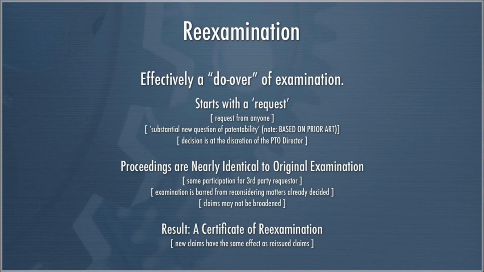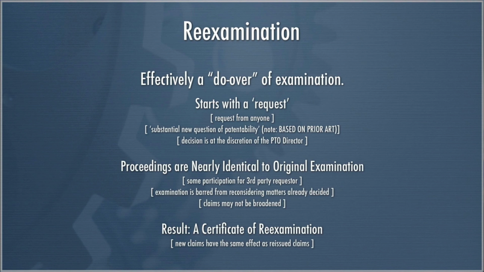First, there's some ability for a third-party requester to participate, in the sense that they can supply prior art and make arguments to the examiner. It's not a truly adversarial system in the sense that you can respond to each other's arguments, but a third-party requester can essentially provide information to the examiner doing the reexamination.